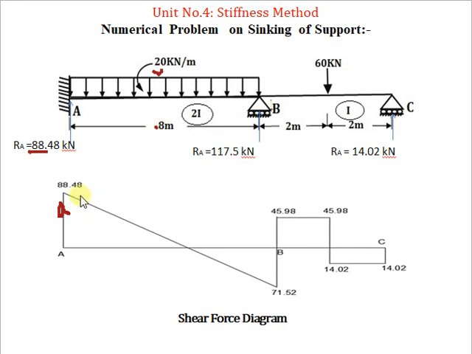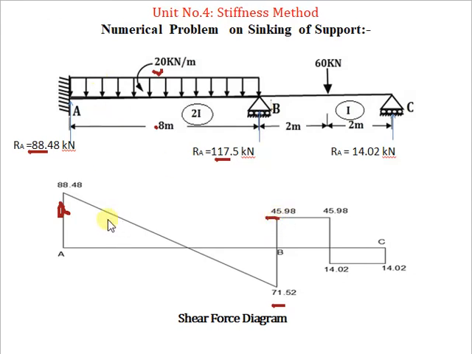That value you have to reduce from the 88.48. So plus 88.48 minus 20 into 8, we have minus 71.52. Then plus this reaction, 117.5 kilonewton, we have plus 45.98.